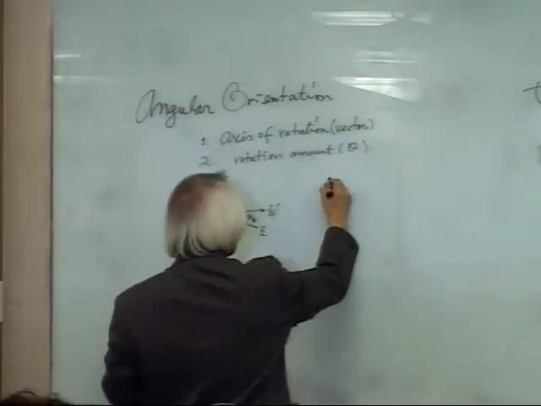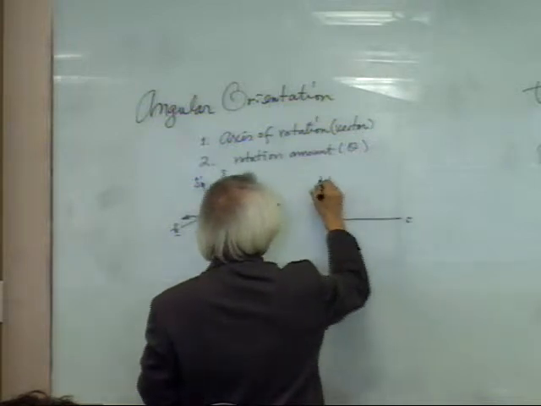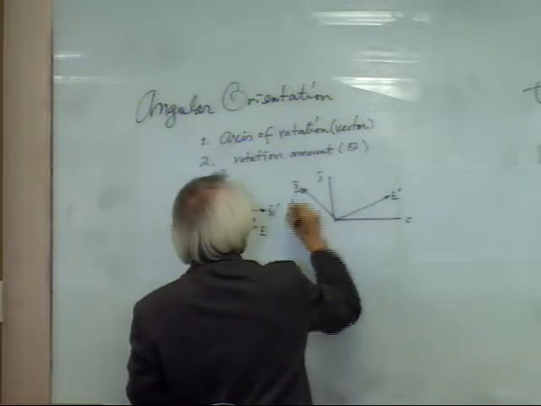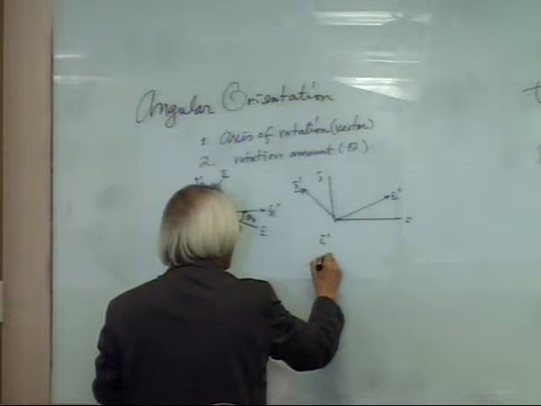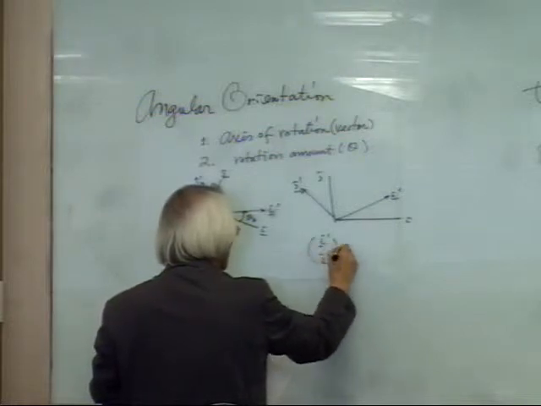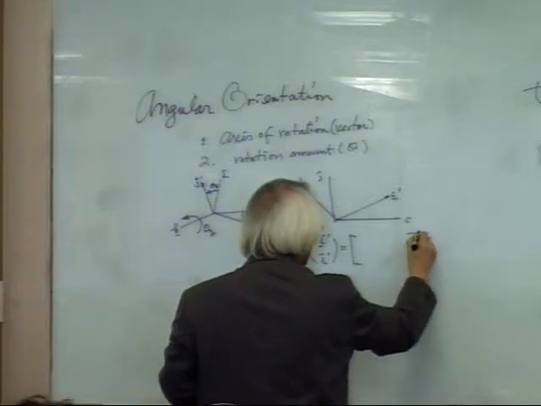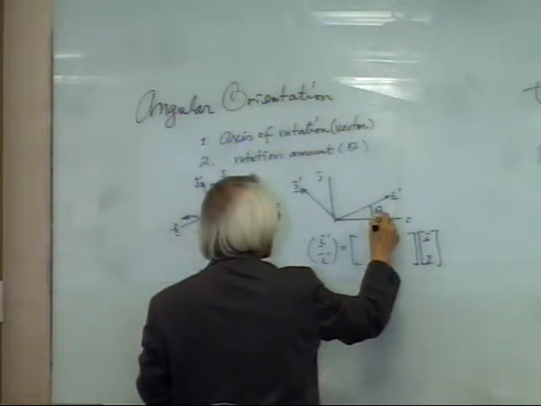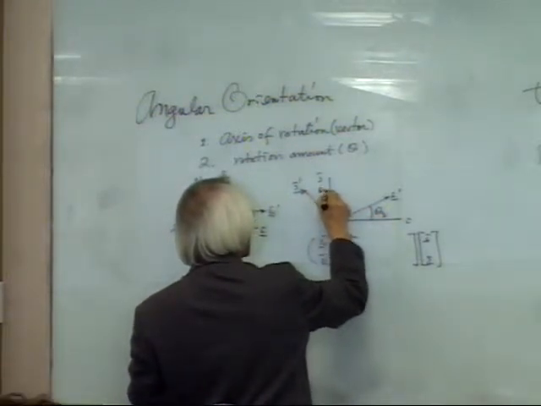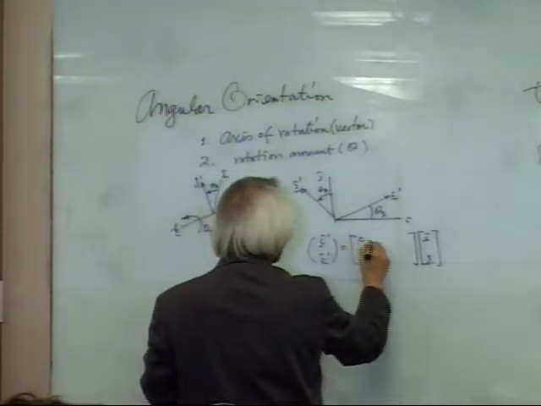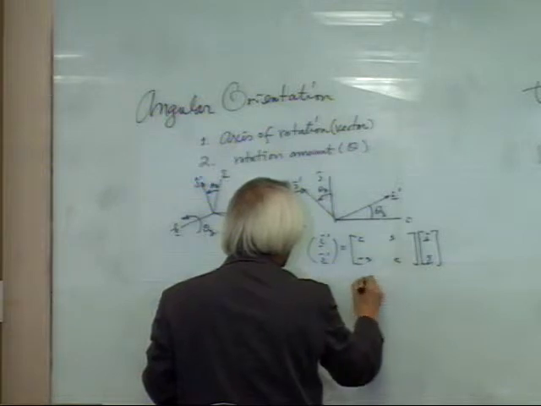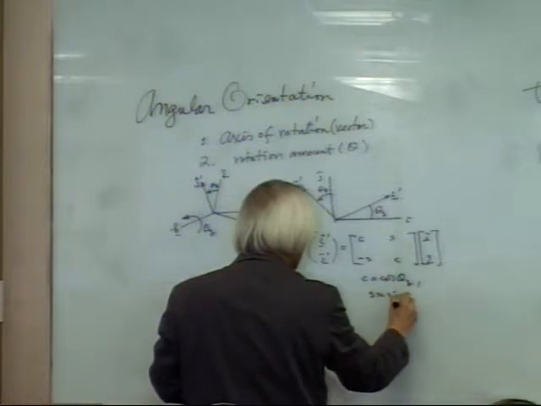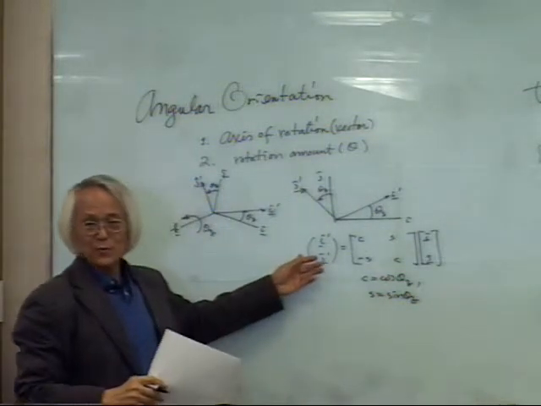So you all know from your undergraduate, this is I and J, this I prime, J prime, so that I prime and J prime is given by, after this much rotation, we have cosine, sine, minus sine, cosine, where C means cosine theta K, S means sine theta K. You've seen this in so many places, right?